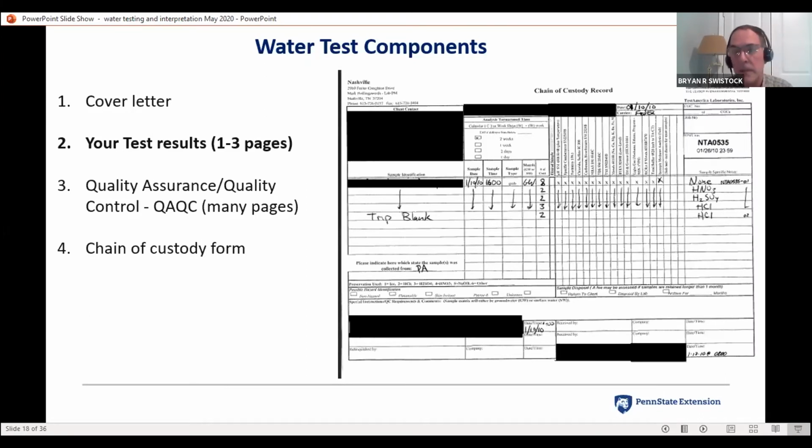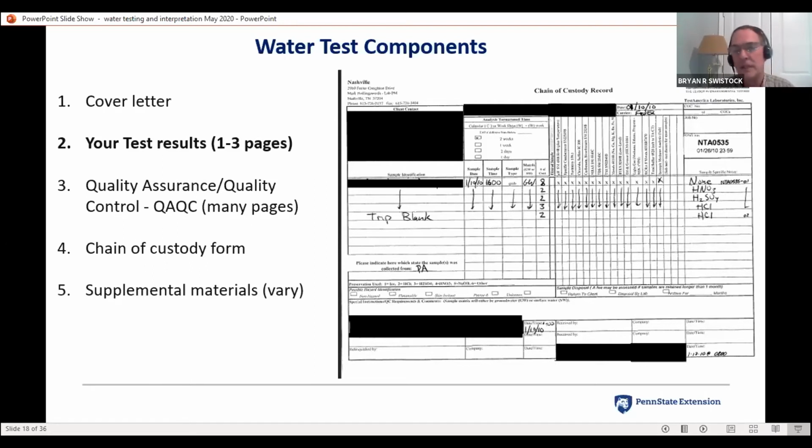Although there will typically be a copy of the chain of custody form, which shows who collected the sample, how the sample was handled after it was collected, who accepted the sample at the laboratory, and who handled it at the laboratory. So it is a true chain of custody, the chain of people that had custody of that sample, everyone that had exposure to that sample, and they should all be unbiased people, and they should all be professionals, basically, is the hope.